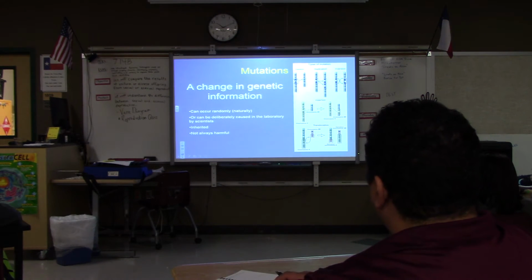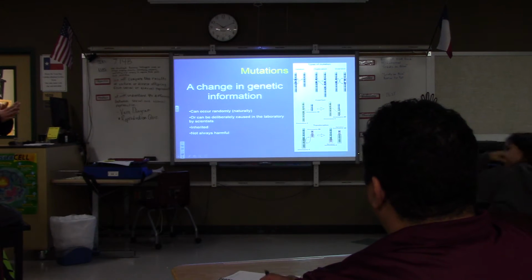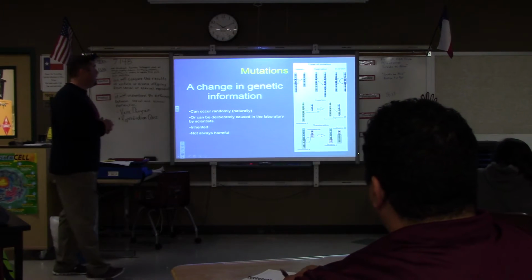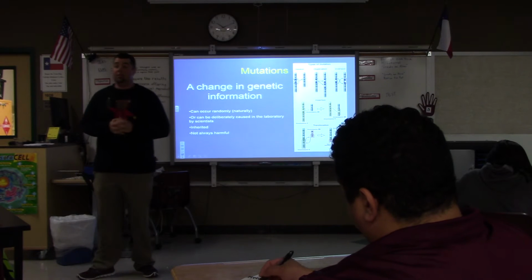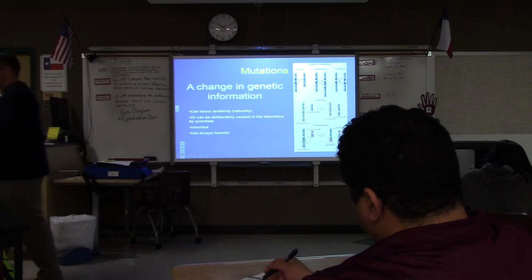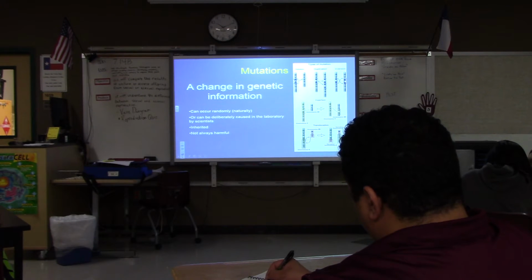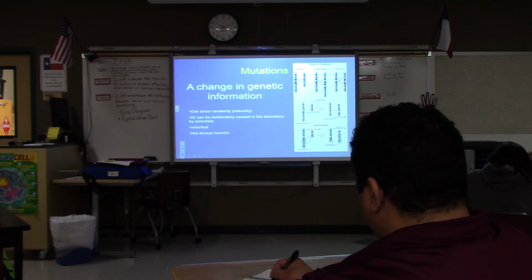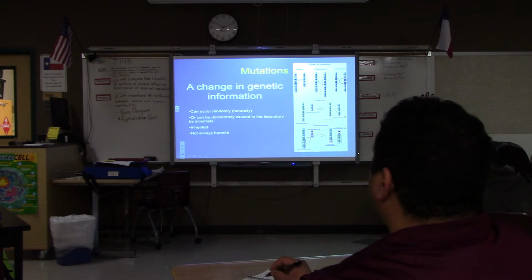Okay, mutations. So the definition for mutation is a change in genetic information. Okay, that's all a mutation is. Somehow that genetic information is being changed. Okay, you also need to know that it can occur randomly, meaning in nature.